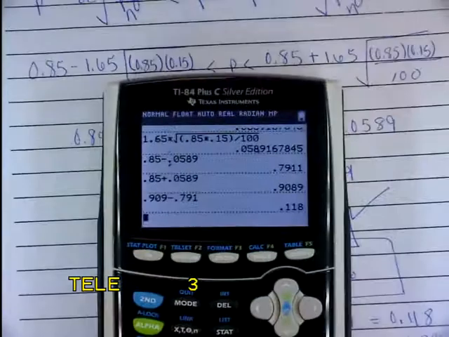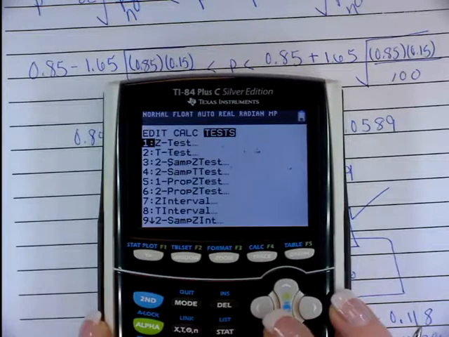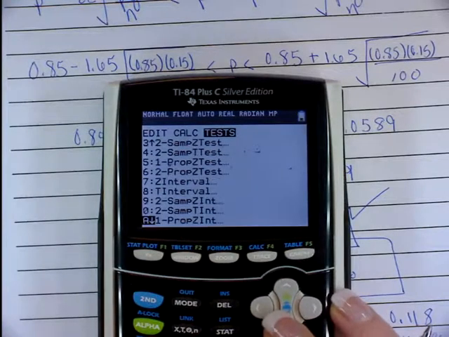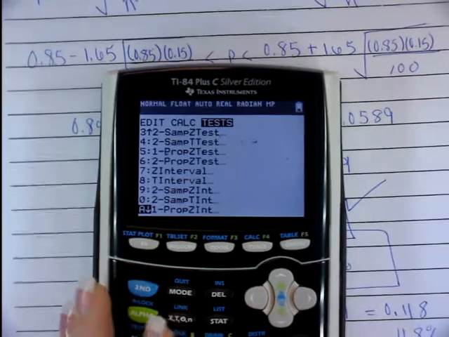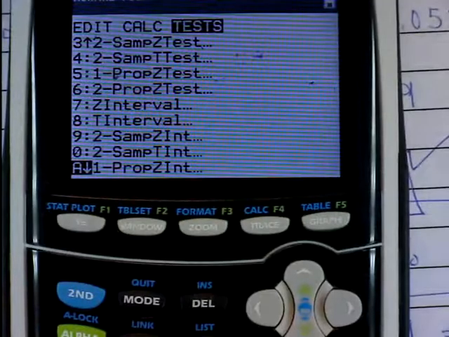So I can ask for all the little parts. Now, you go to Stat, arrow over to Test, and keep on going down, it's letter A. And it looks like 1 prop Z int, but it's 1 proportion Z interval.